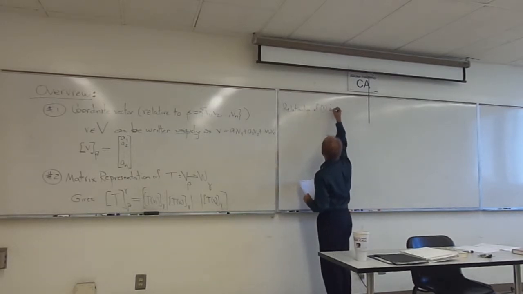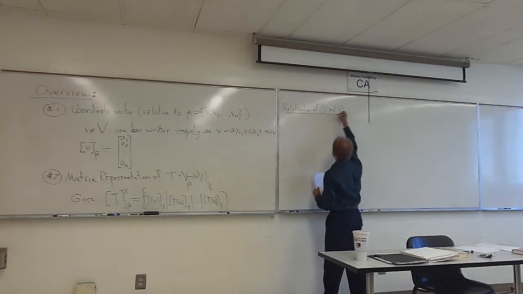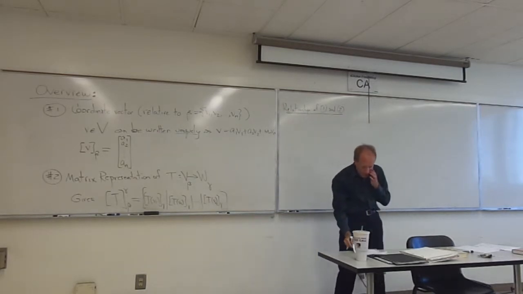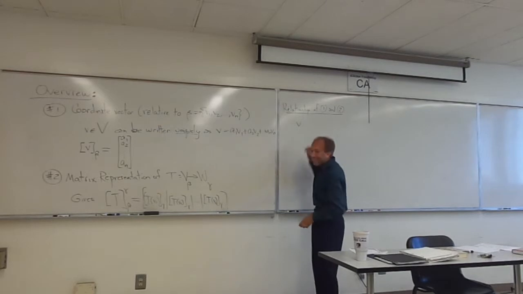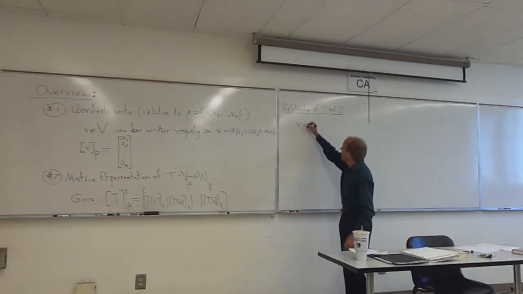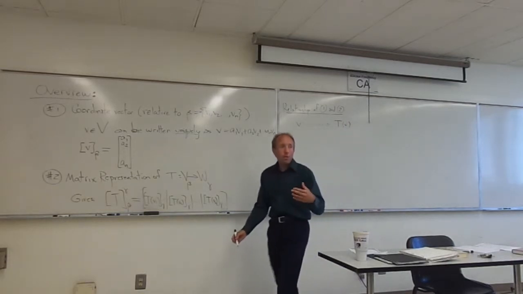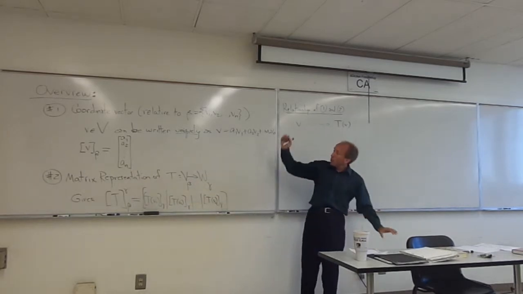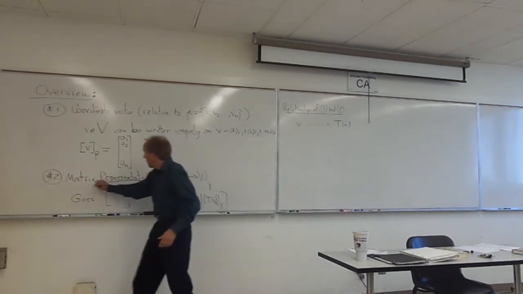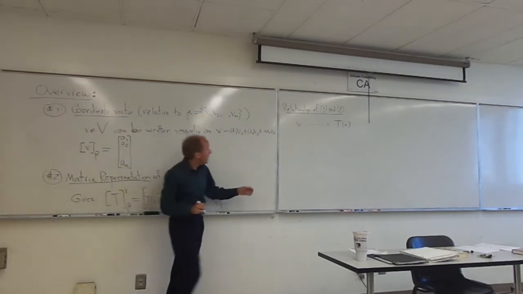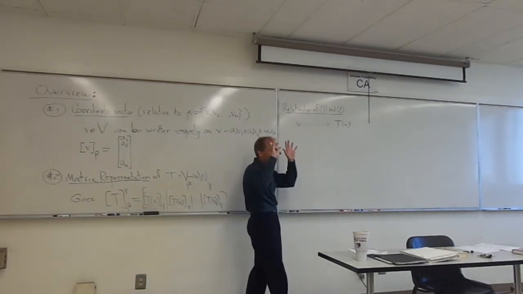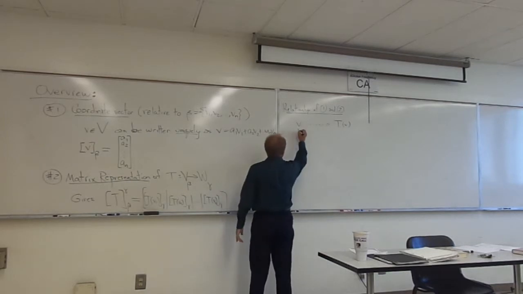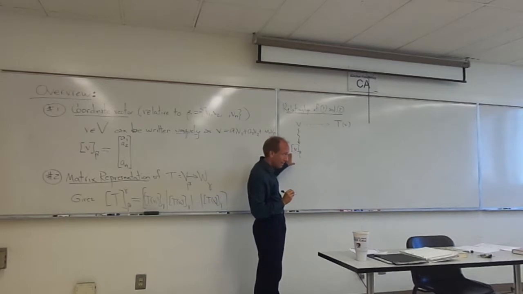The relationship between those two things is that if I take a vector V in the vector space and I want to transform it under some transformation from V to W, then the way I can do it, and this is a diagram that should be in your mind as well, is I first find the coordinate vector of V with respect to beta.